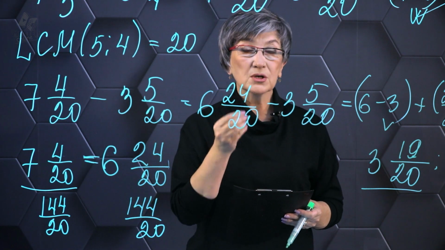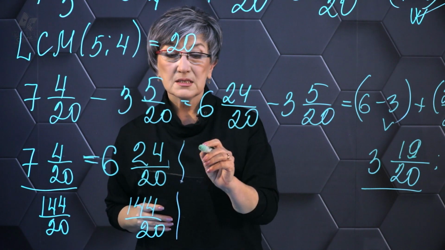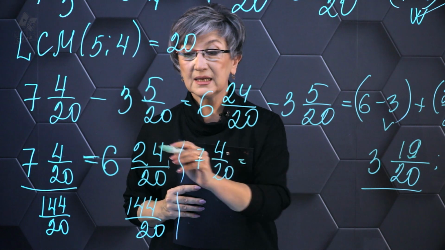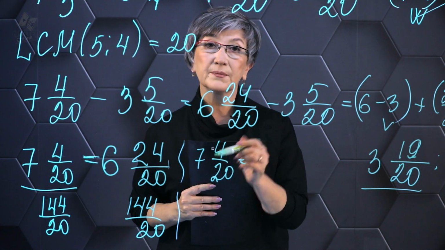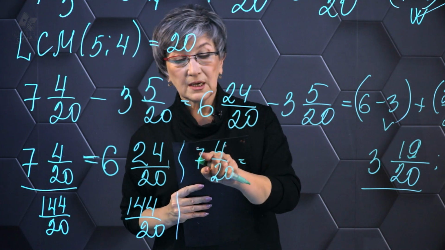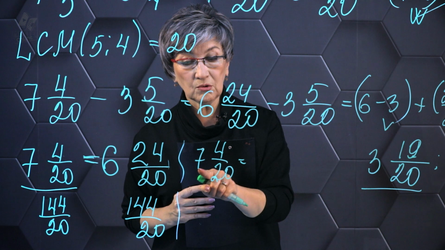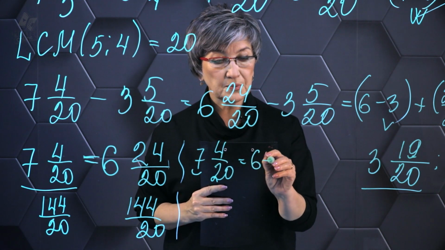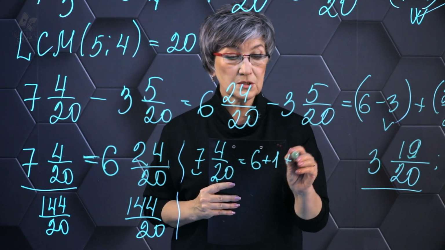Let me explain to you again why this happens. 7 4/20s. What did I do to get a mixed number like that? I take one whole part out of 7. This 7, I write it down as 6 plus 1, and plus 4/20s.